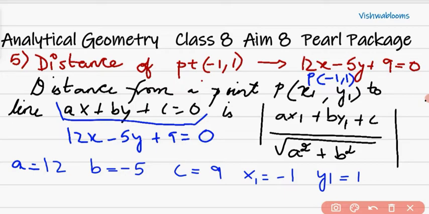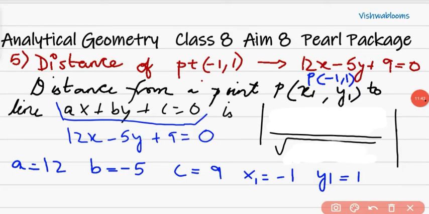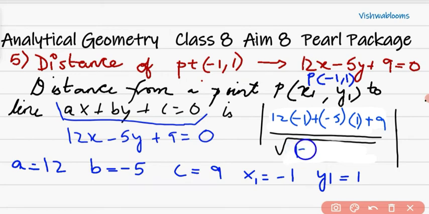Now we are going to substitute in this formula. So just remember the formula. ax1, so 12 into minus 1, plus by1, that is minus 5 into 1, plus c, that is plus 9, divided by root over a square plus b square, that is 12 square plus minus 5 whole square.